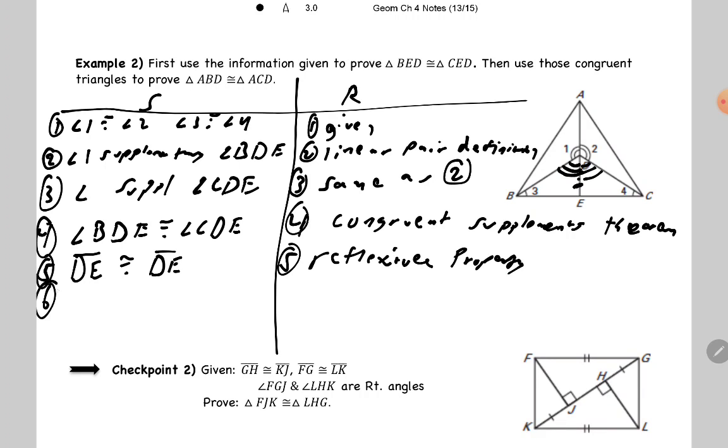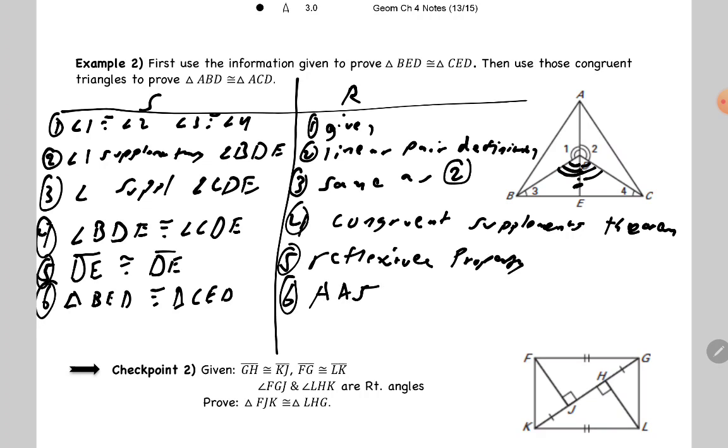Now we have all the pieces to show triangle BED is congruent to triangle CED, and that is through angle, angle, side.